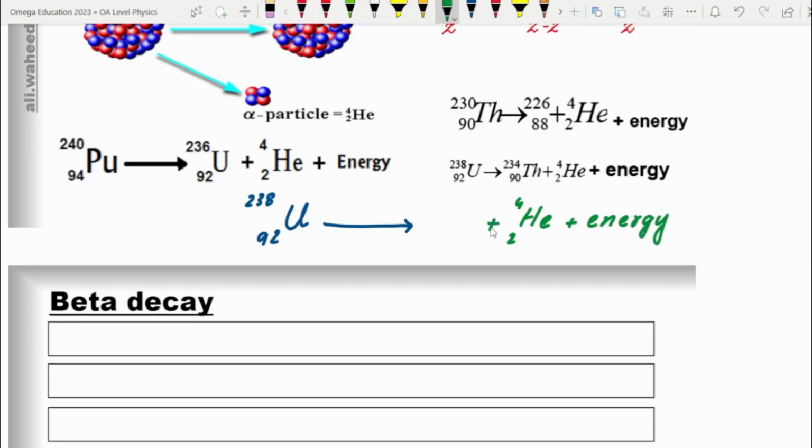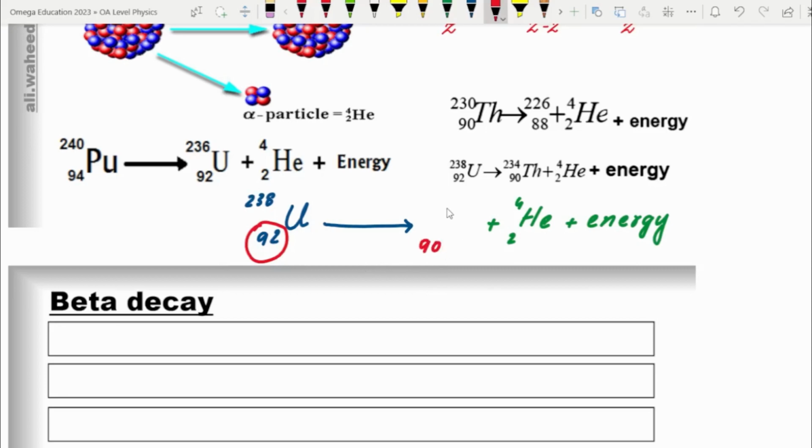Plus, now this element uranium, after the alpha decay, would no longer be uranium. It would be converted into some other element, and we may not be able to come up with the name of that element, but what we know is the atomic number of this uranium would now be decreased by 2 units. So the new atomic number would be 90.